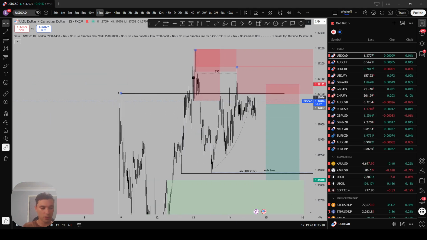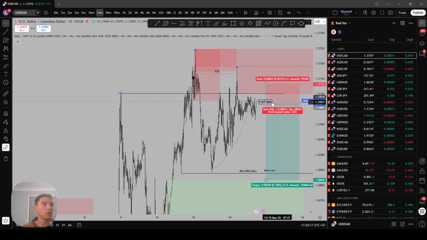USD CAD. Stop loss price is 1.37132. We'll risk 0.5% of this. 4.67 lots.